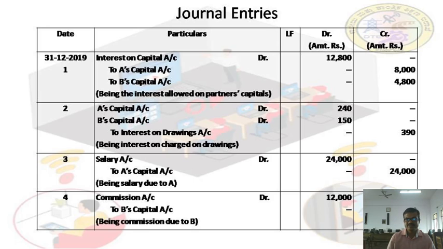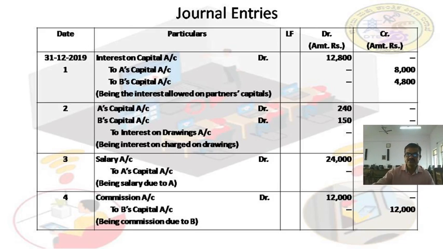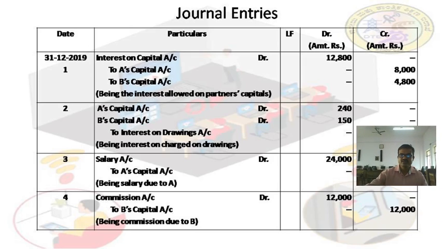Third one: again, salary is an expense for the firm. Salary account debit 24,000 to A's capital account 24,000. Write the narration: being salary due to A. Fourth one: commission account debit 12,000 to B's capital account 12,000.